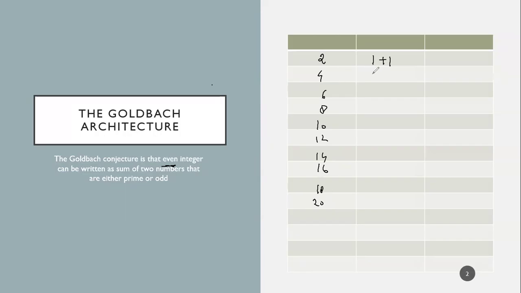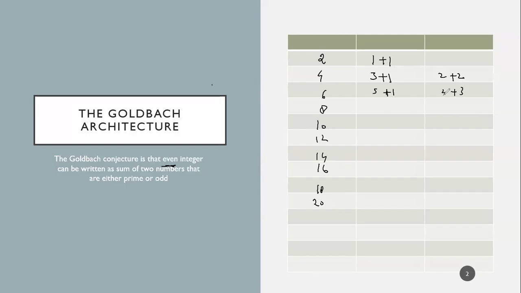Now 4 can be written as 3 plus 1 or 2 plus 2. So 2 and 2 are prime, and 3 and 1 are odd. 6 can be written as 5 plus 1 or 3 plus 3.